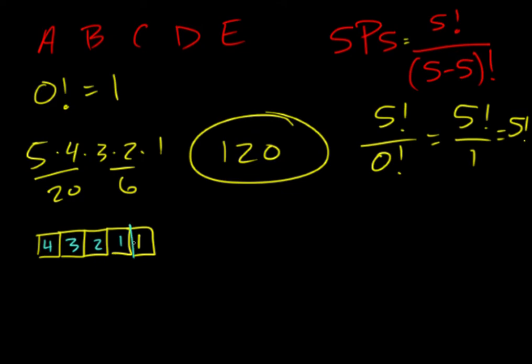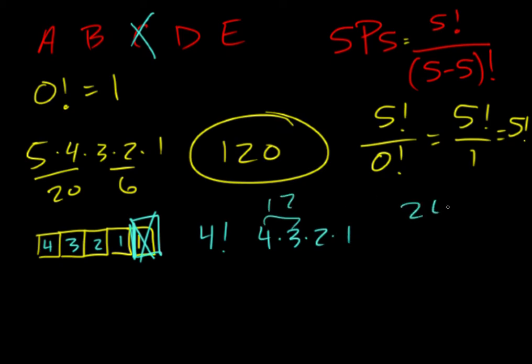And so essentially, we're just taking C out of the equation, and now we just have 4 blocks. So it's the same situation, but it's a 4P4, which would just be 4 factorial, or 4, 3, 2, 1. And so that's going to be 12 times 2, or 24.